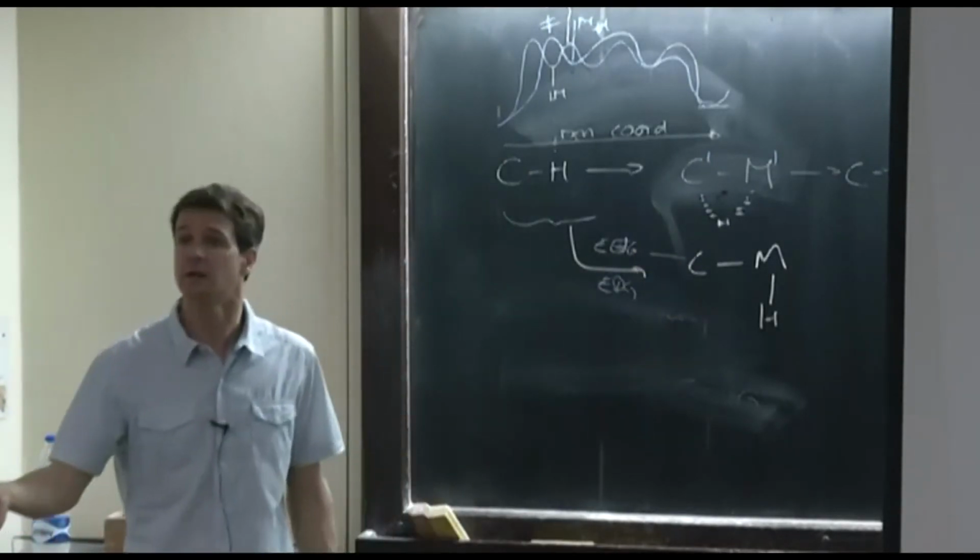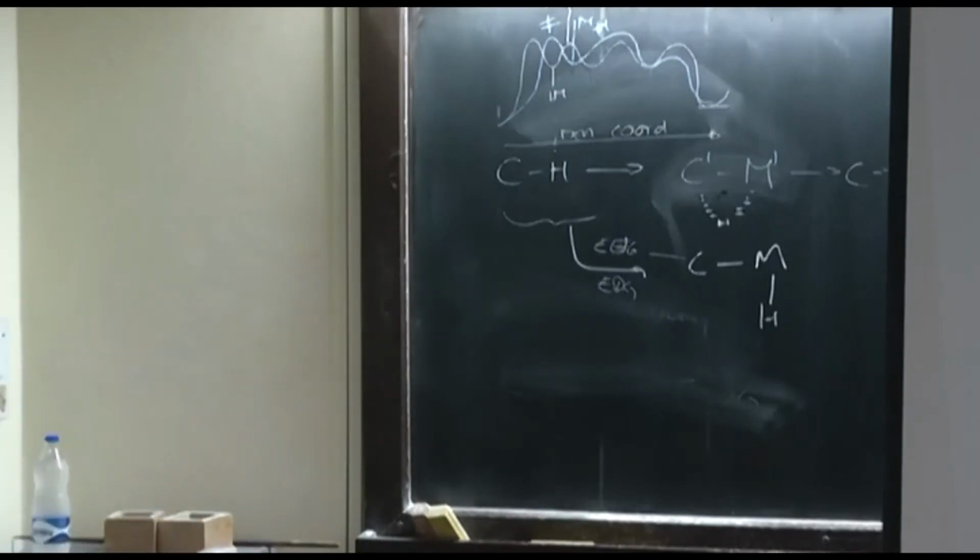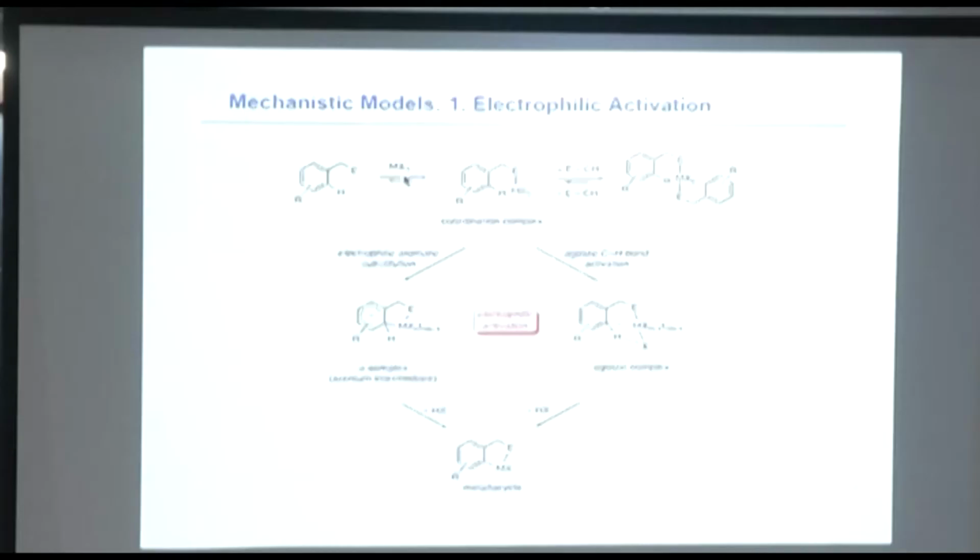And that is then, for me, the most compelling case to say it's electrophilic or nucleophilic. Because in the electrophilic substitution activation, we pump electron density from the CH bond into the metal.